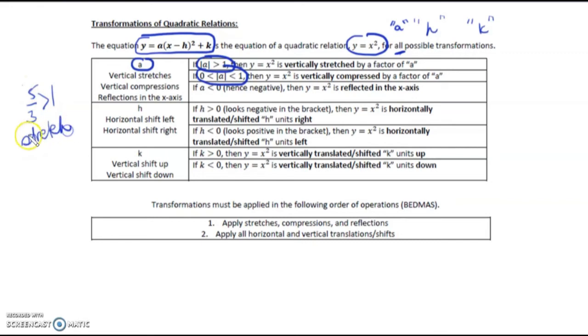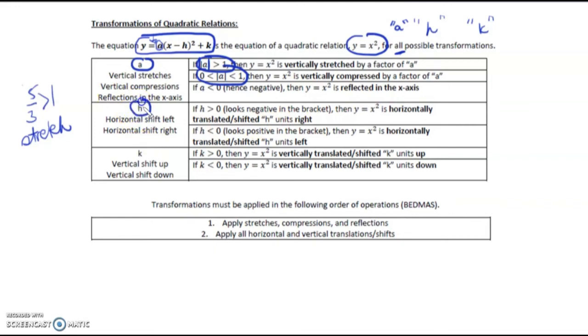I want to say a decimal, so 0 point something, less than 1, between 0 and 1. Now, the reflection would be the sign on it. So we talk about absolute value. The actual a value is just the number there. Now, if the a value has a negative sign in front of it, it opens down, positive sign, it opens up. So if a is less than 0, it's reflecting in the x-axis.